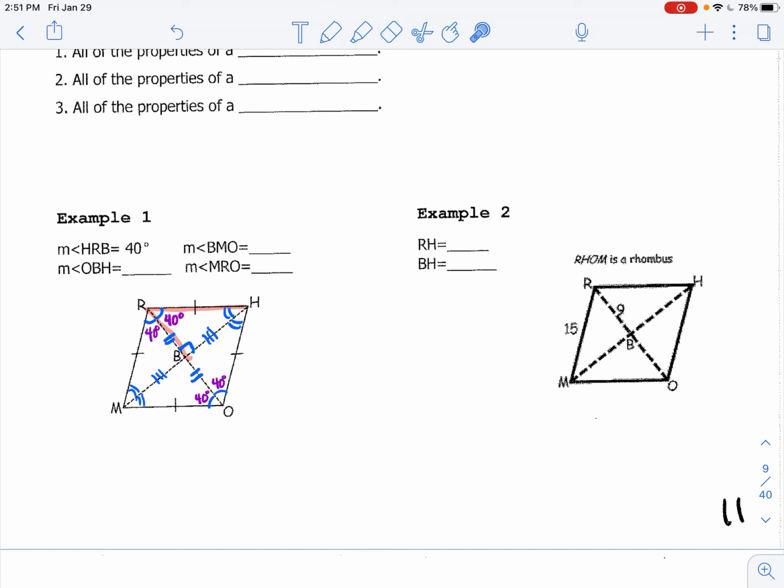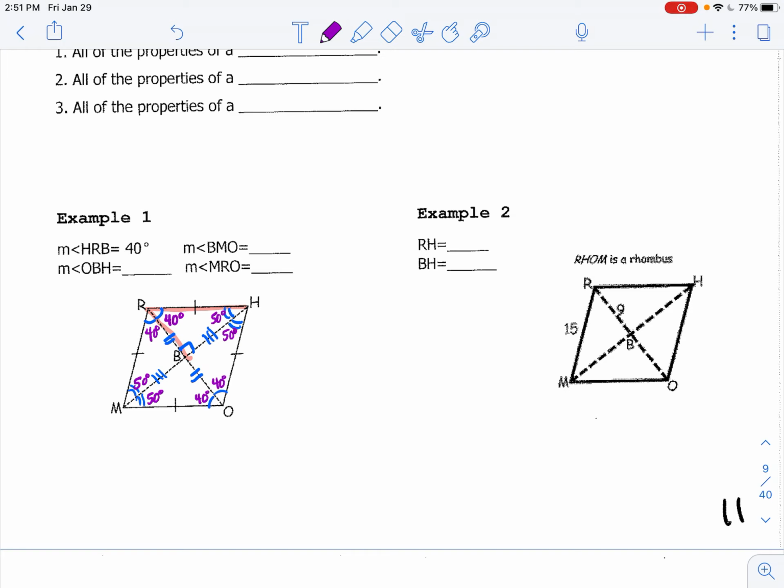And so this angle here, this larger angle, is 80. And so I know that this angle down here is going to be 100 because adjacent angles are supplementary. And so if this is going to be 100 down here, I've got to bisect it. So each of these little guys is 50. Okay, and so then these guys are also 50.